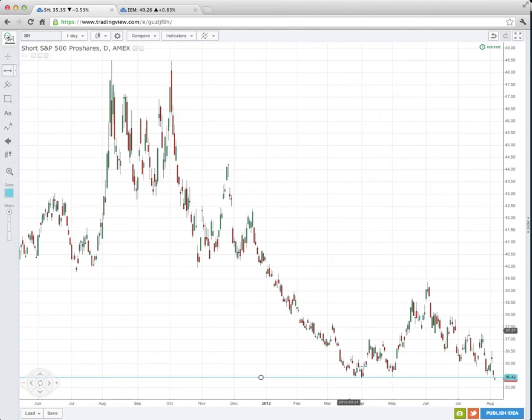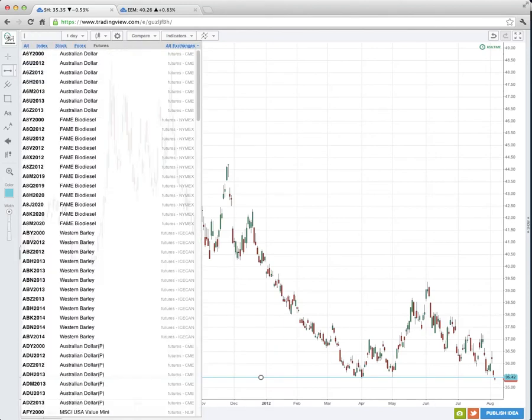It broke this resistance, but it's unlikely to go down, because there's no downside movement. And you can see this is the exact opposite of what the SPY or the S&P 500 is going to do.